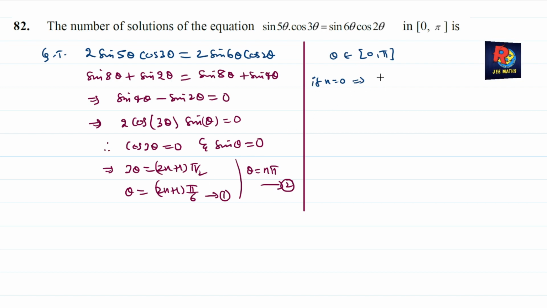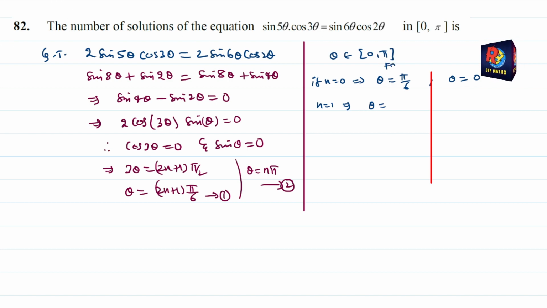If n equals 0, then from equation 1, theta equals pi by 6, and if I substitute n equals 0 in the second equation, theta equals 0. Here we can segregate like this, then there is no confusion. This will be the first equation, this will be the second equation.